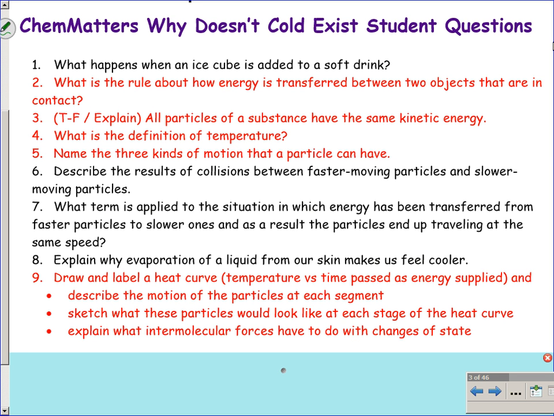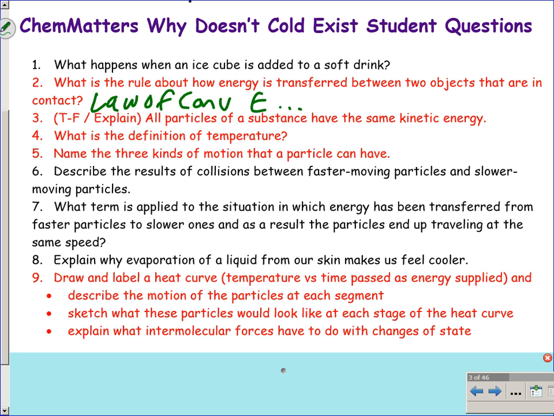All right, so up here, what's the rule about how energy is transferred between two objects that are in contact? John, give me something. Not waiting. Cassie. Okay, so the law of conservation of energy comes into play, so it is neither created nor destroyed, but tell me how it is transferred when they are in contact. How do you determine the way it's transferred? Ashton? It transfers from high to low until we reach neutral.